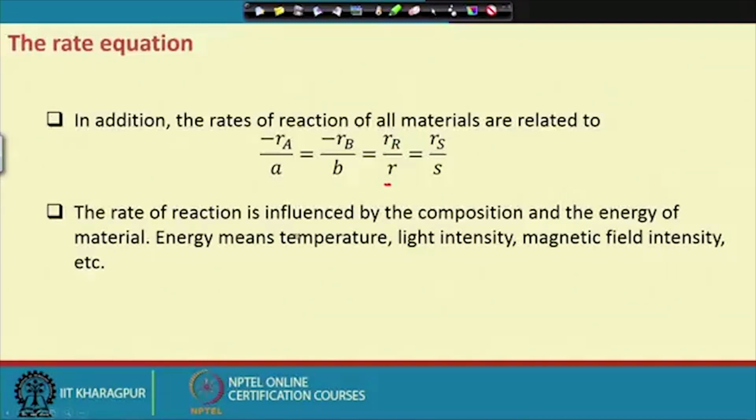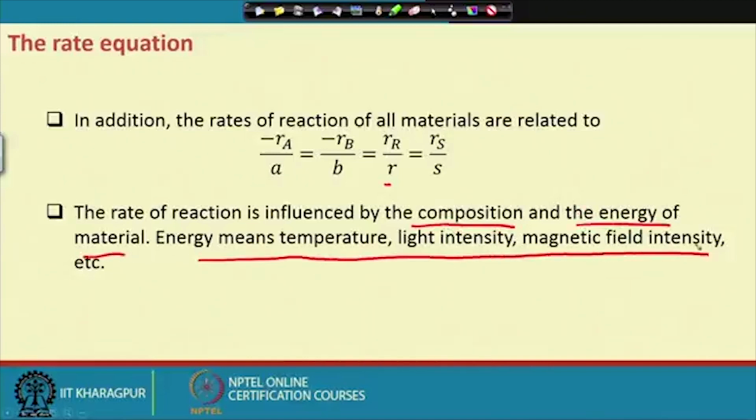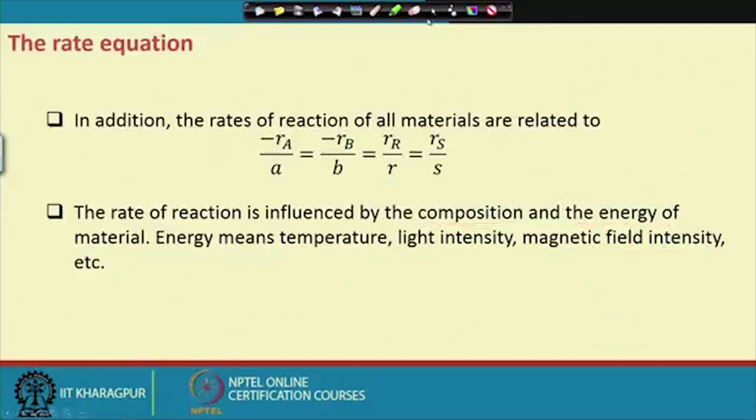The rate of reaction is influenced by the composition and the energy of the material. Energy means temperature, light intensity, and the magnetic field intensity. So, any kind of reaction we can express like this.